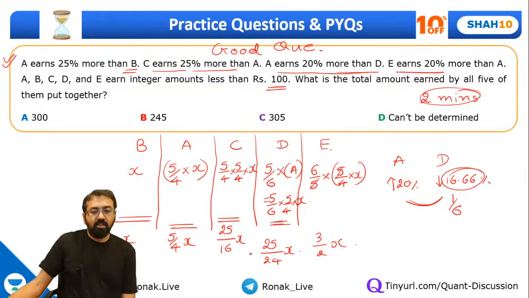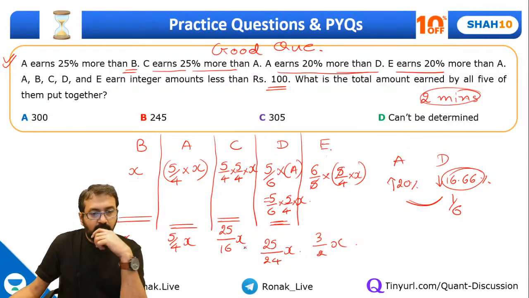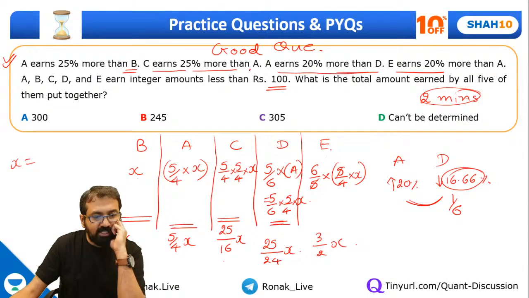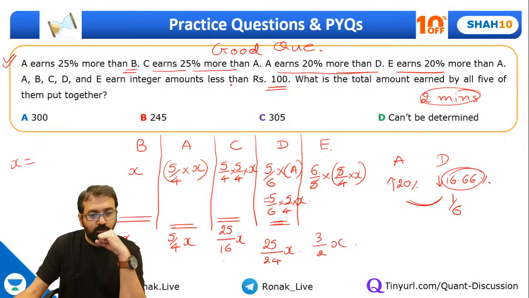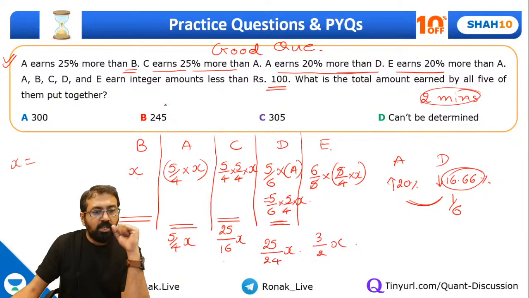Okay, now please understand, we need to take a value of X such that it is divisible by all of these. C earns 25% more than A, 25 by 16. And A, B, C, D, all of these are integer amounts less than 100.